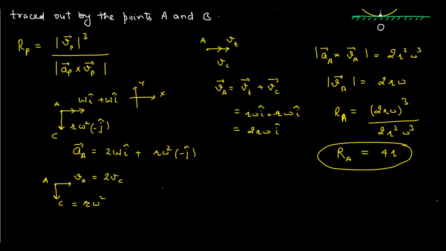Now from the concept of the centripetal acceleration, if A is the centripetal or radial acceleration, this is equal to v square by the radius of curvature, clear. So from here we can write RA is equal to v of that point, it is 2 times VC's r omega, whole square divided by the magnitude of this acceleration, that is r omega square. So from here we can have the same result, that is equal to 4r.